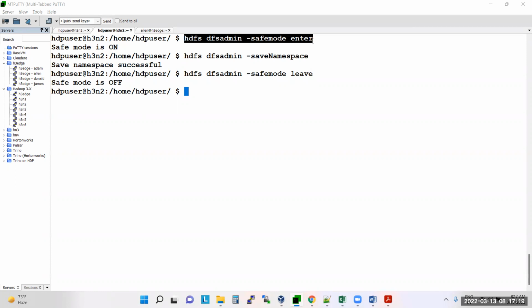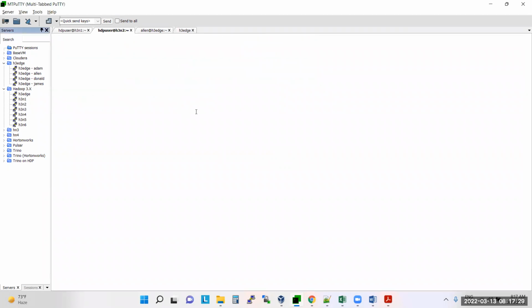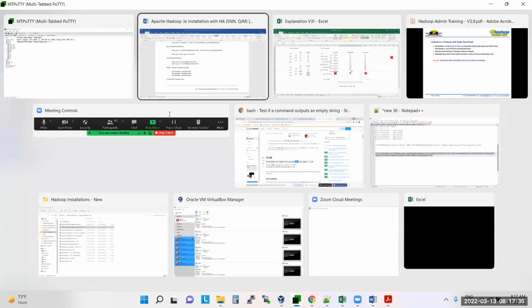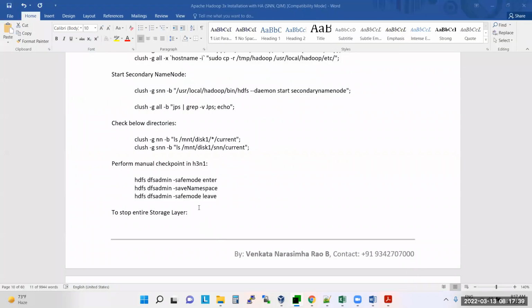So there is no way we could perform a manual checkpoint and make sure the secondary name node maintains the updated FS image. The only way is to let it go by its cycle, which is based on transactions or the interval. I can perform a checkpoint even from the edge node also. Okay, I'm getting a Hadoop log permission denied.